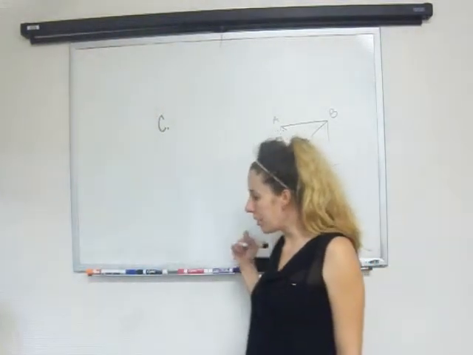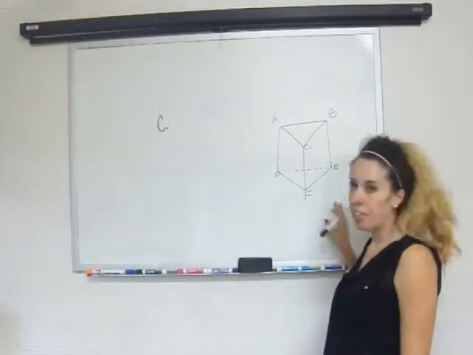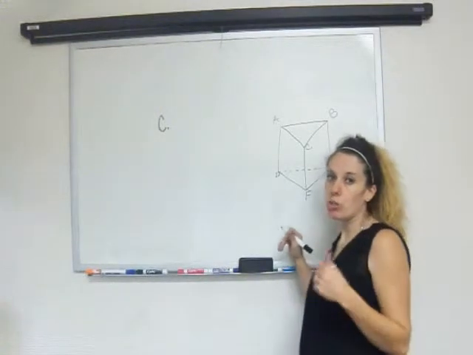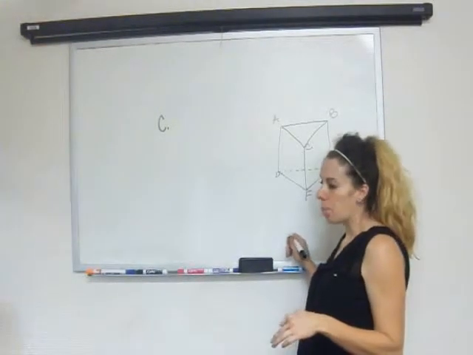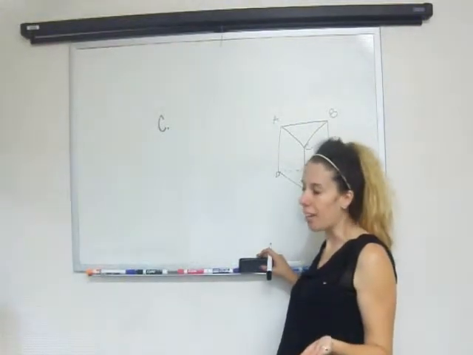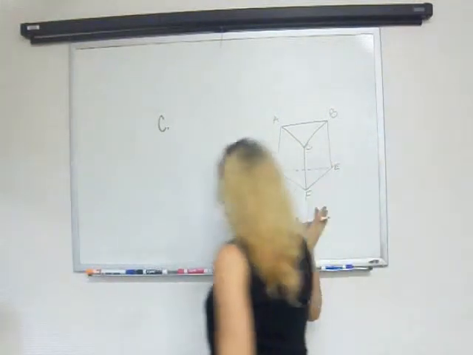Okay, so for example C, it says, name all of the planes that are represented in the figure. And this figure is the figure that they show here. So we're going to use the third postulate that says that 3 non-collinear points determine any one plane. And we're going to write all of the planes that we see in this picture. Okay?